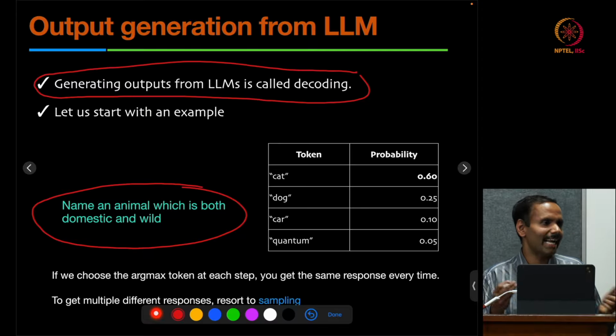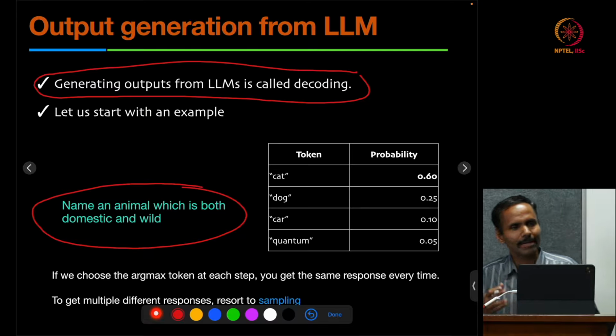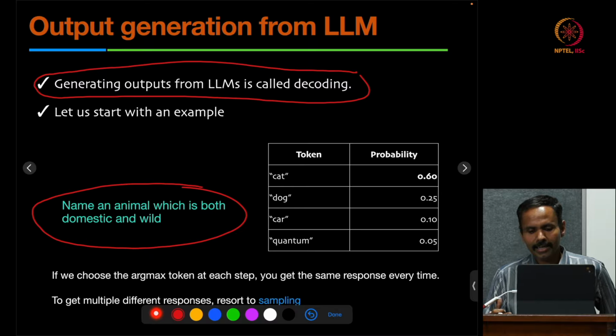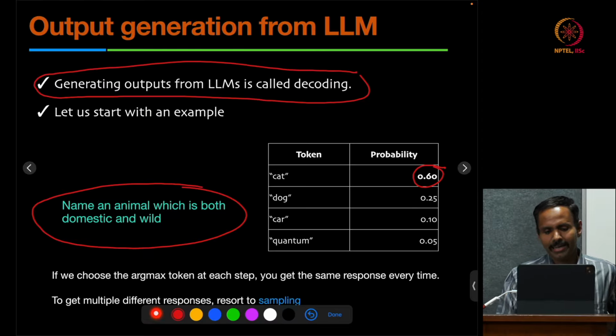Maybe the word cat had multiple sub tokens to get generated, but we are not going down that path. Assume that each one of them is a single token for our discussion right now. Suppose the model at the output had these 4 choices, and the probability was the highest for something like a cat.